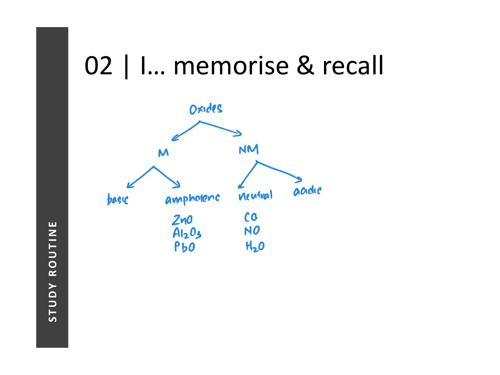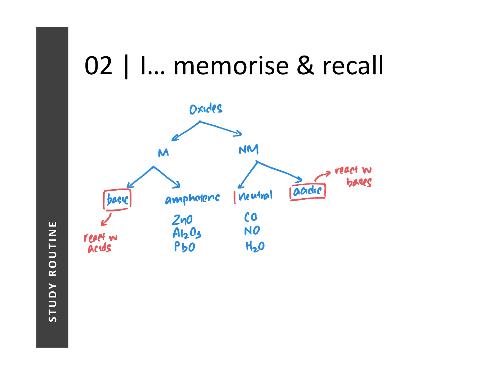The other thing I learned about oxides is that acidic oxides behave like acids, so they will actually react with bases. Basic oxides behave like bases, so they will react with acids.